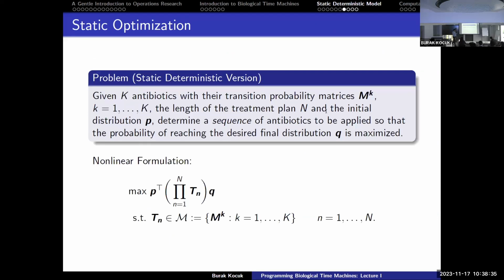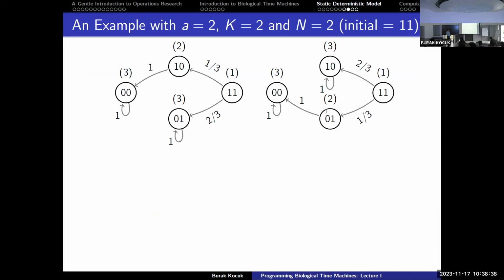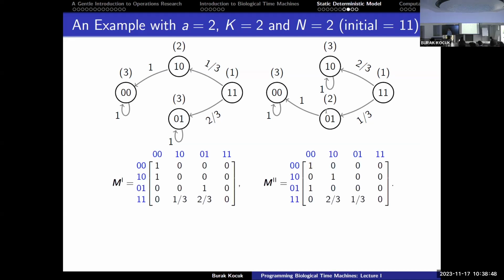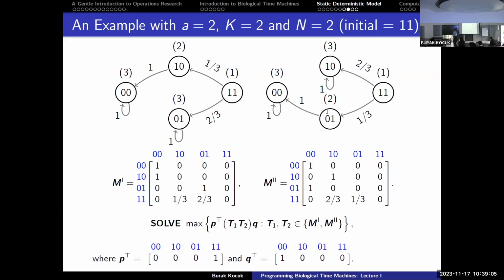Okay, so this is just a reminder. And here is the optimization problem, which seems mystical, right? So here's how it works. First of all, you create these matrices for each diagram. I think this is quite easy to do. Then I want to solve this particular problem for this example.